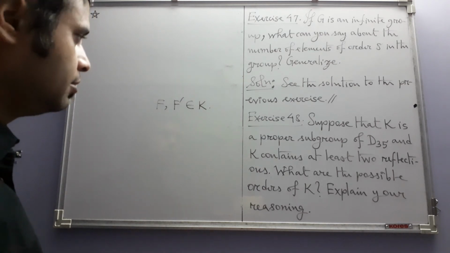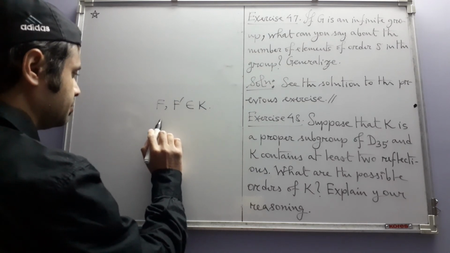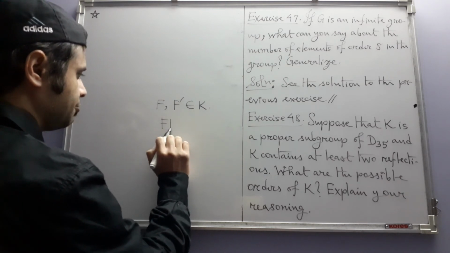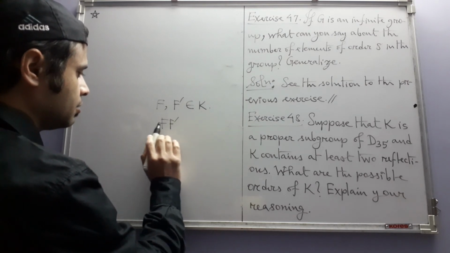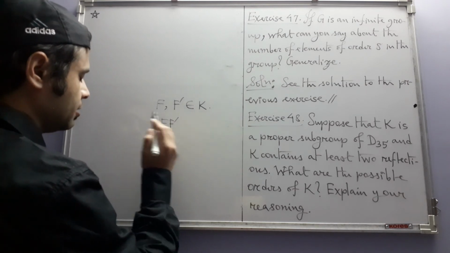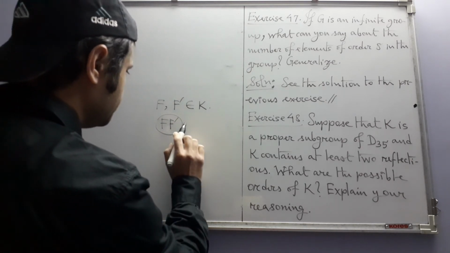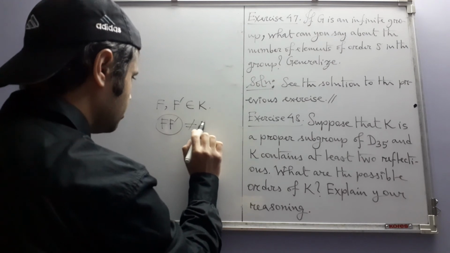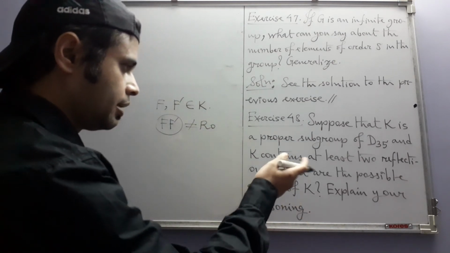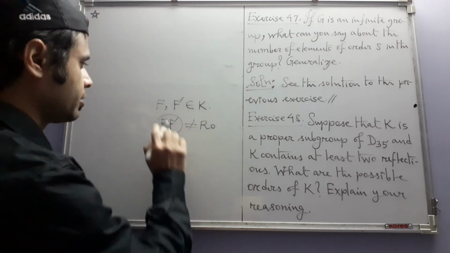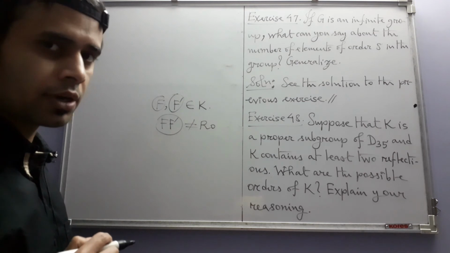Now we have seen already that F prime is a rotation which is not equal to R naught, because it's given that there are at least two reflections, so we are able to choose two distinct reflections.